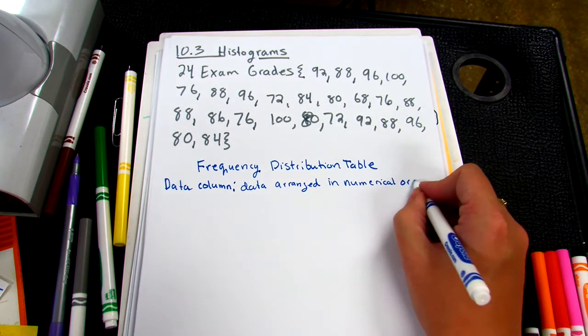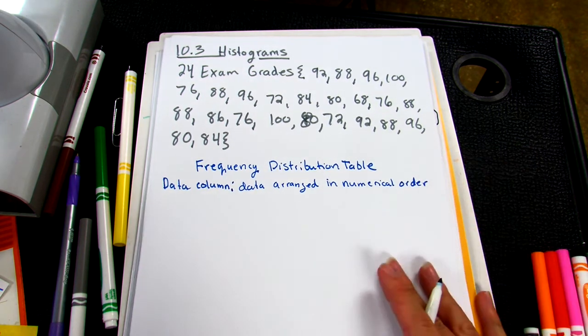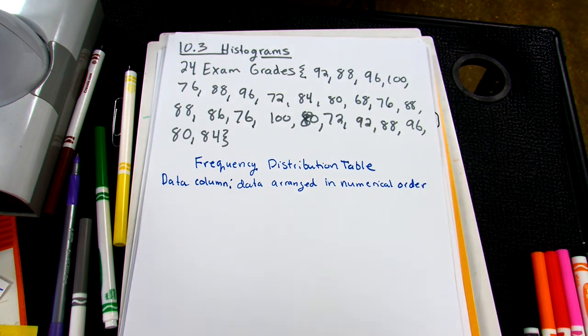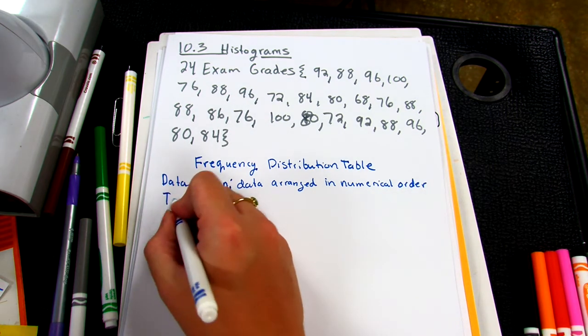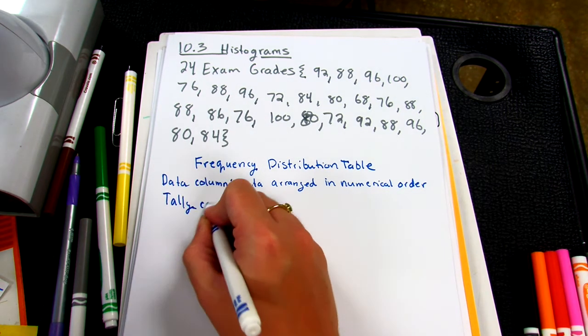But what's important to know is that you don't have to repeat an element. We're only going to have to write 88 once in that column. And the reason why is that the next column is going to be a tally column, right? So it's a column for tallies to count the number of times each entry appears.